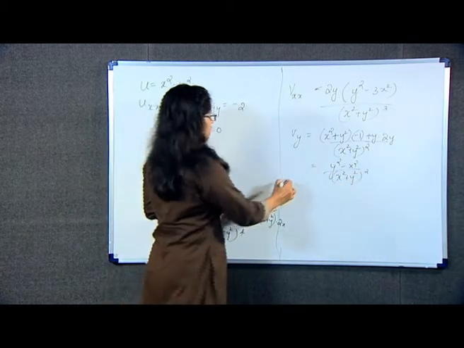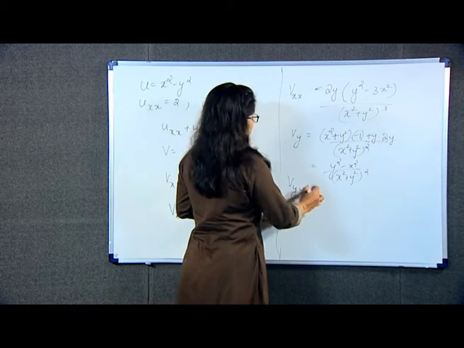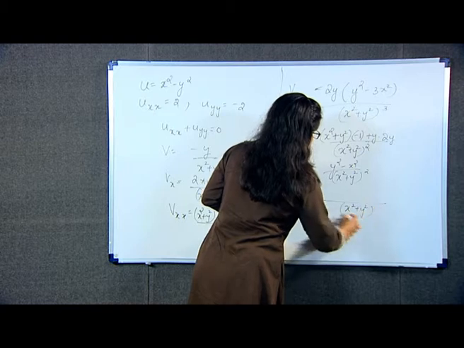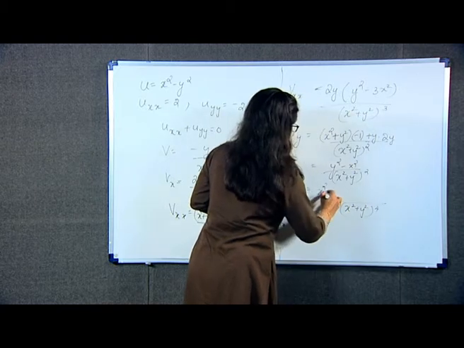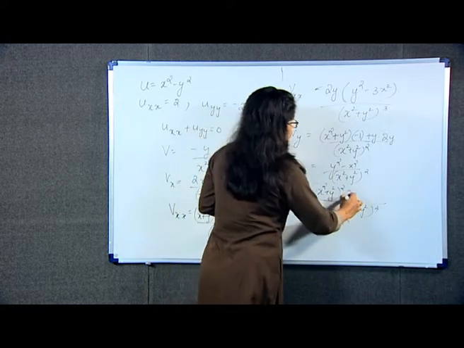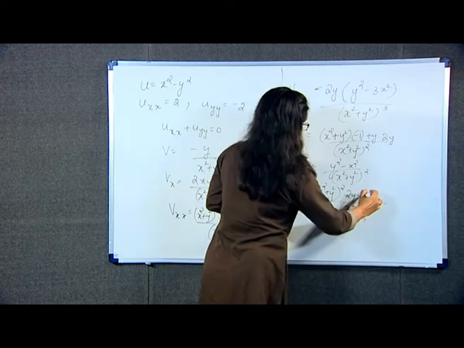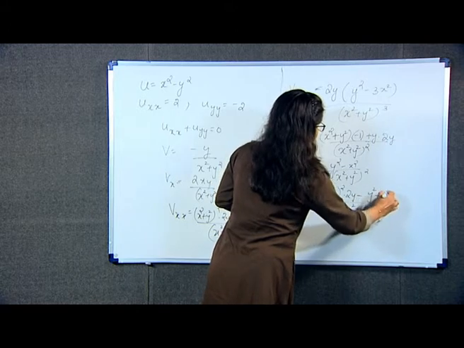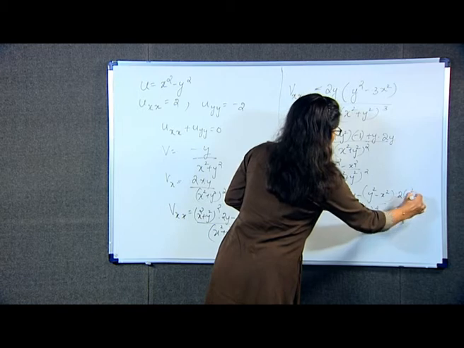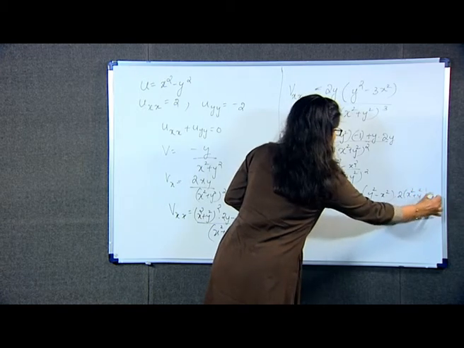Now we take the derivative once more, Vyy, which is x square plus y square the whole square into 2y minus y square minus x square into 2 times x square plus y square into 2y.